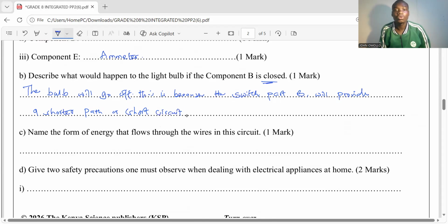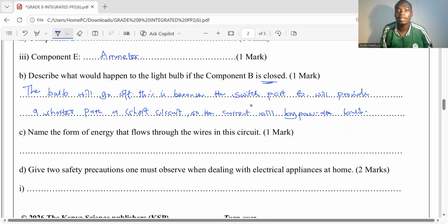Are you getting that? So that the current will bypass the bulb. So that is what happens. The bulb will go off.